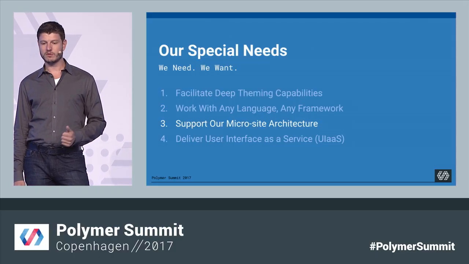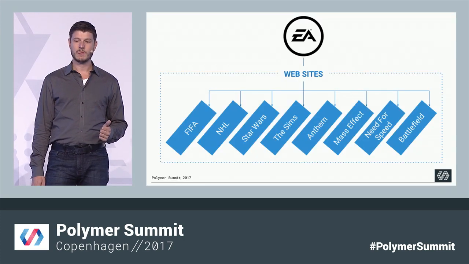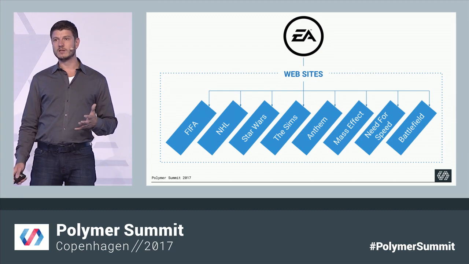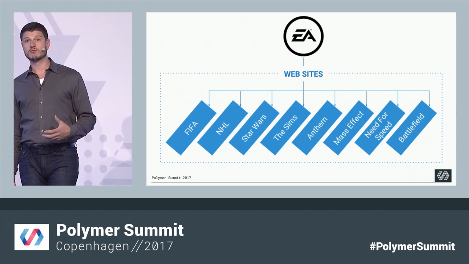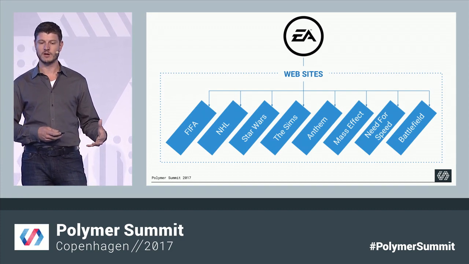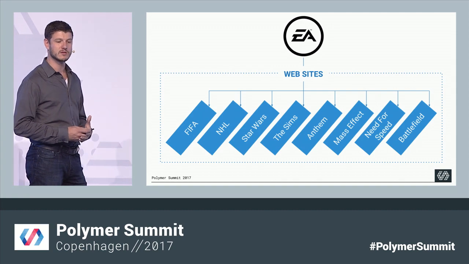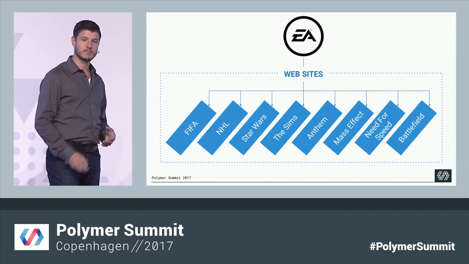So, all right, number 3, our microsite architecture. We had, and to some extent still have, many discrete web applications that have their own lifecycle, teams, budgets, etc., but are assembled together to be perceived as kind of one single cohesive player experience.